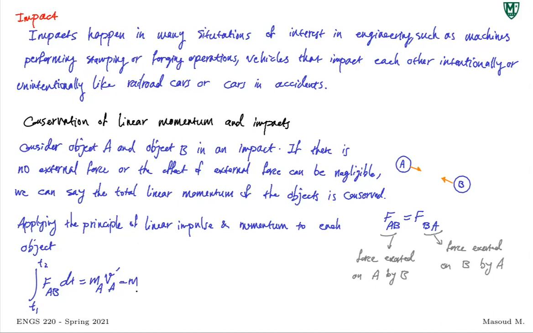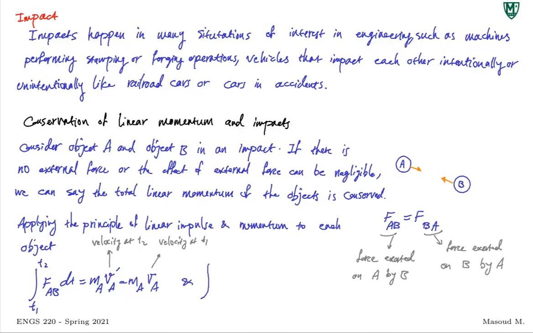Minus MA VA. So this is velocity at T2. This is velocity at T1. Velocity after, velocity before.